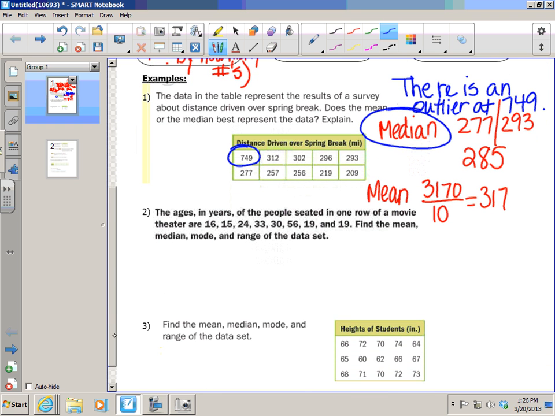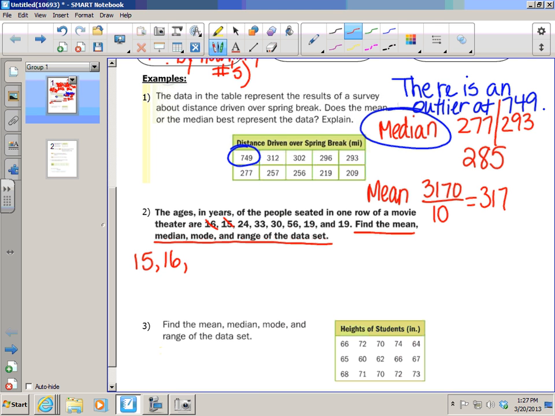Example number 2 says the ages in years of the people seated in one row of a movie theater are 16, 15, etc. Find the mean, median, mode, and range of the data set. So first I'm going to start by putting the numbers in order least to greatest.